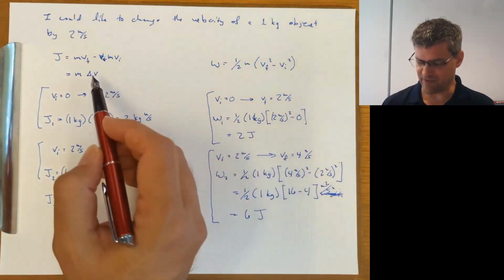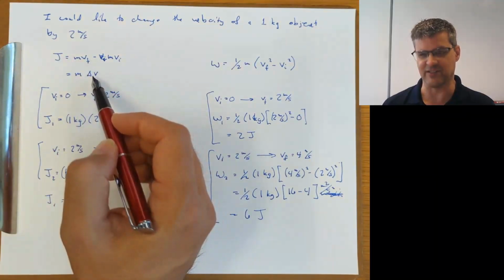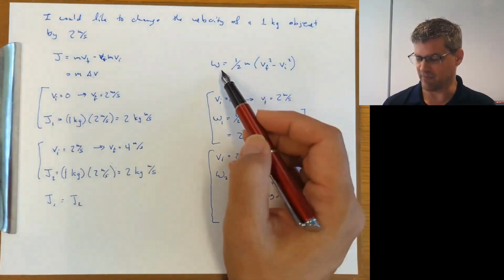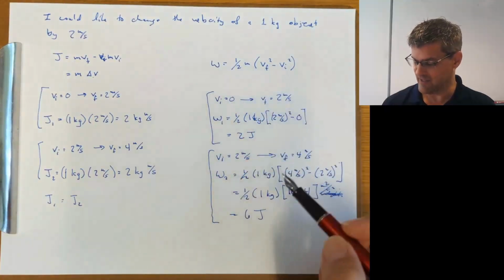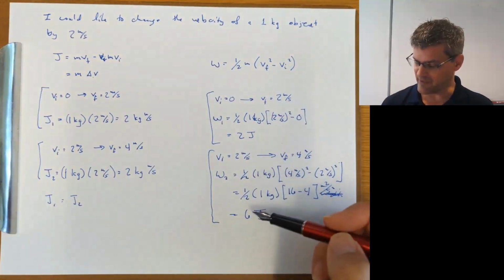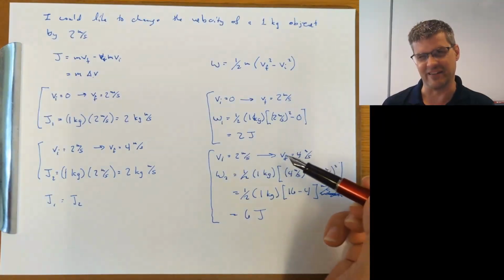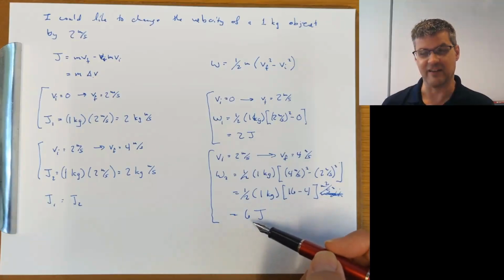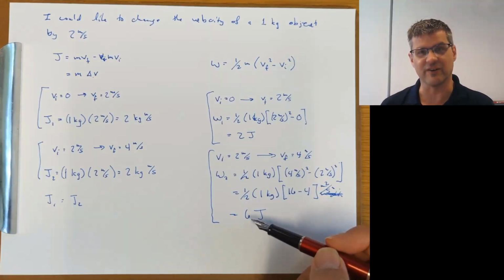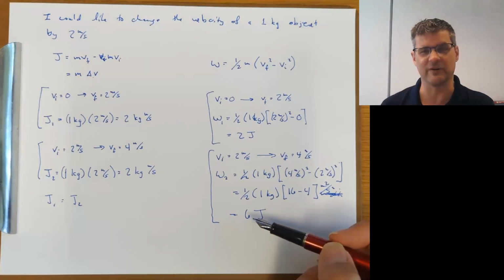So this difference between a linear relation of how the impulse is related to change in velocity and something much more complicated when it comes to work and energy is something to keep in mind. In fact, we might think to ourselves, if we were to go from 4 to 6, from 6 to 8, from 8 to 10, on and on and on, eventually it's going to take an infinite amount of work to change the velocity by even some incremental little bit more.